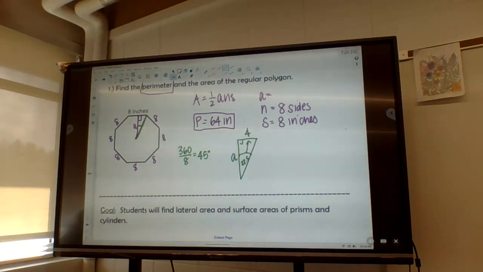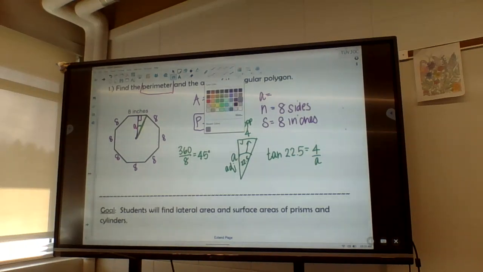So this is opposite, this is adjacent, so we're going to do tangent. We did one like this yesterday, I think, where we had to find the value of the variable when it was in the denominator. For ones like this, I suggest we use proportions.